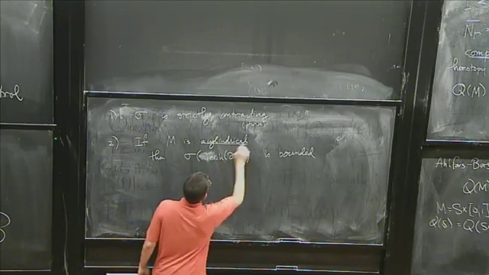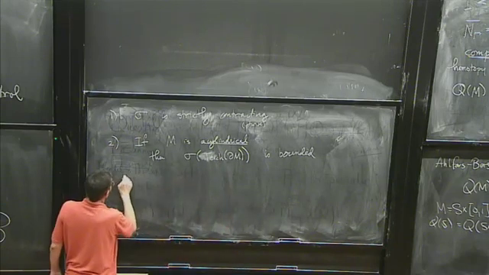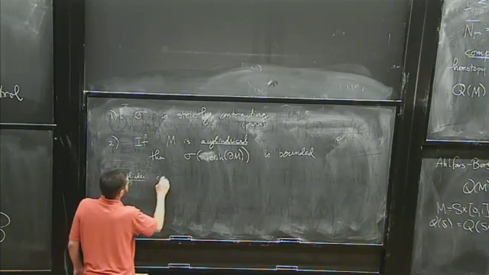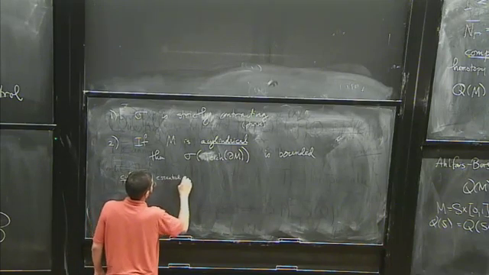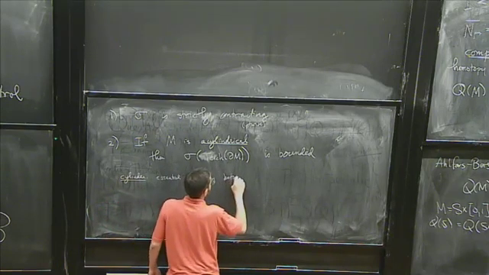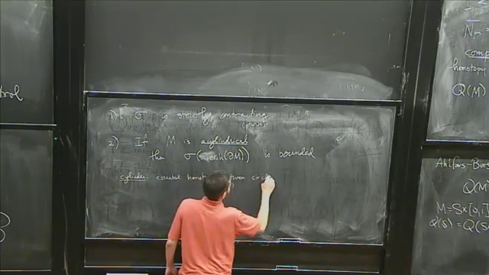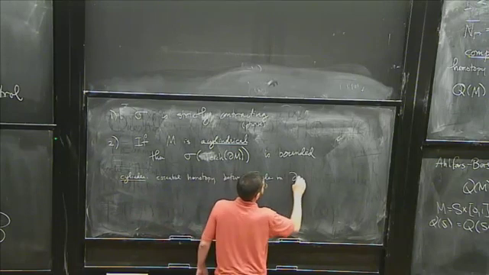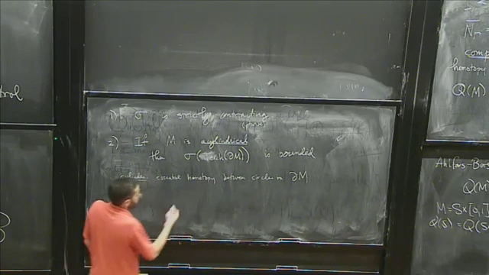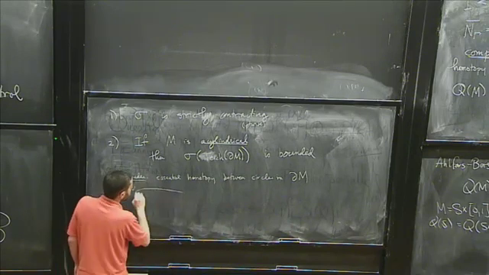So what is acylindrical? What's a cylinder? A cylinder is an essential homotopy between circles in the boundary of M. The most cylindrical manifold you could have is a product.